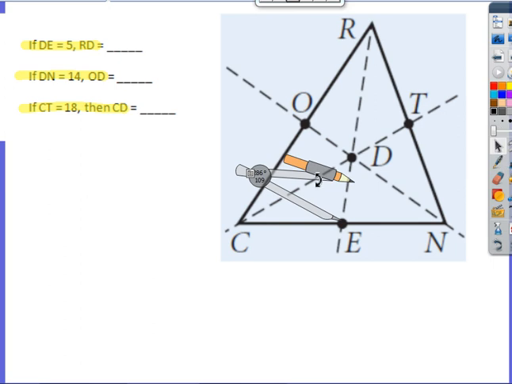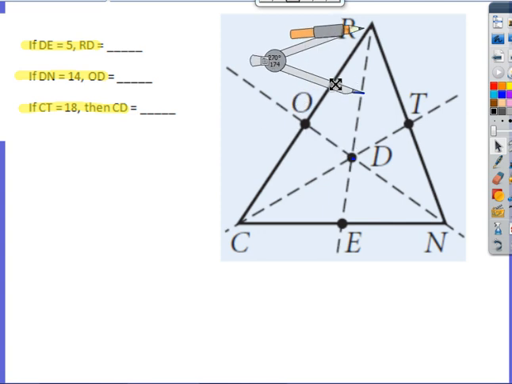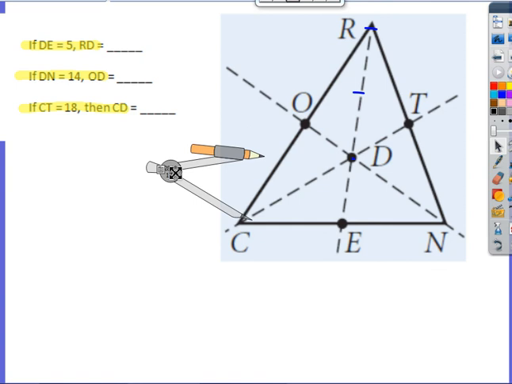We just saw that if we go from D to E, that's going to be half the size of from D to R. Okay? So if we know DE is 5, then what is RD? If DE is 5, what is DR or RD?